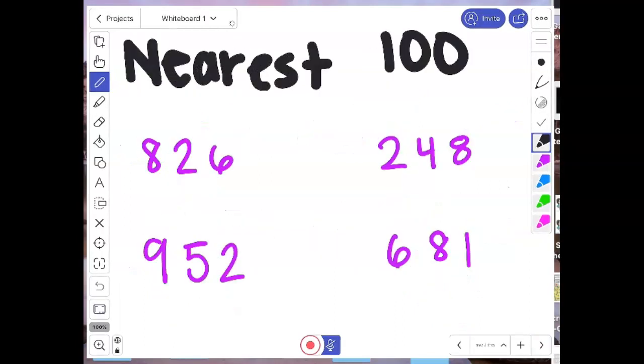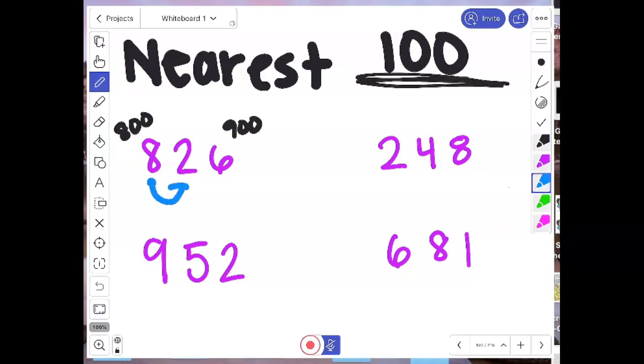Okay, let's do hundreds now. Again, I'm going to find what it's between, 800 and 900. But I'm rounding to the hundreds, so find the place, look next door. 2 tells me to round down. 248 is between 200 and 300.